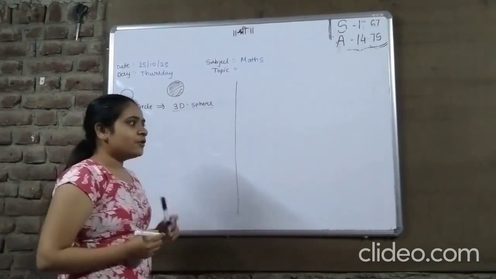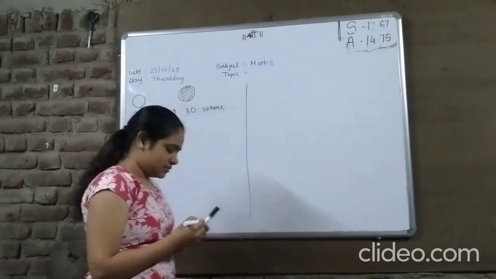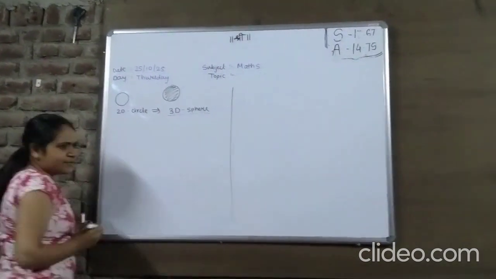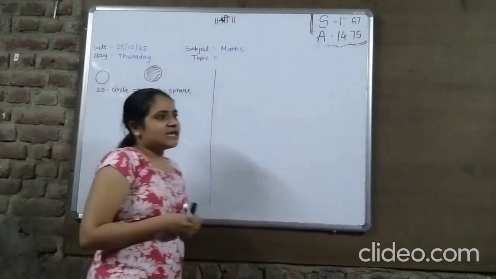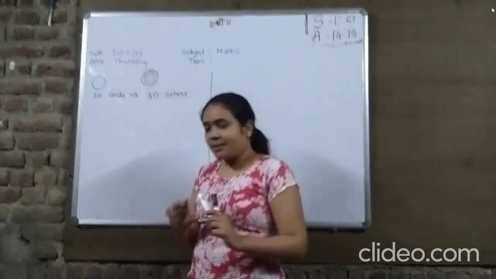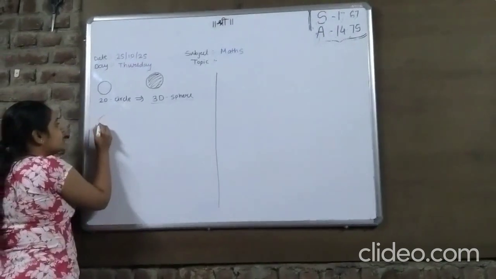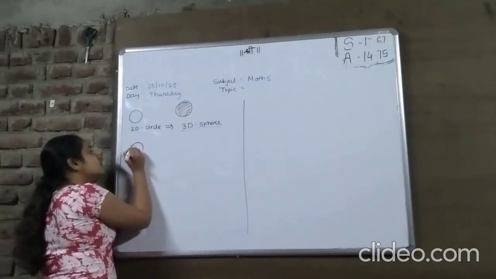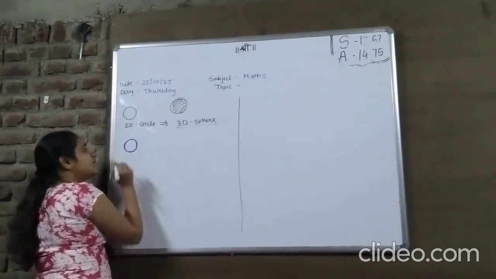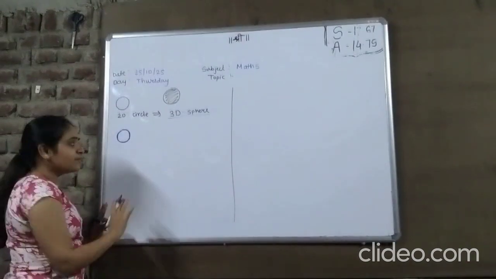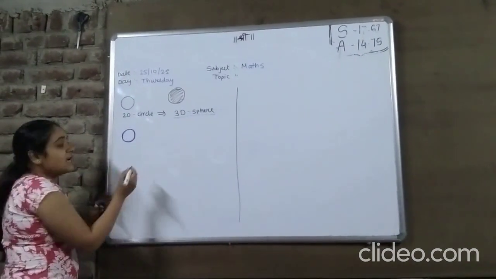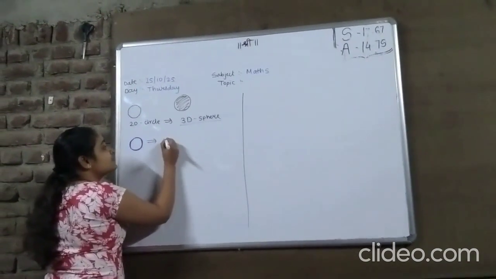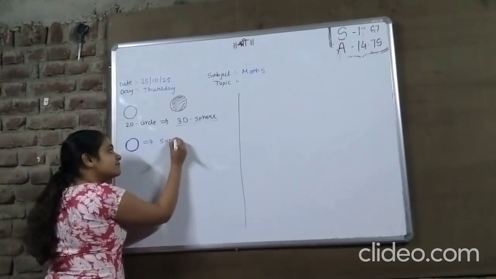This sphere has surface area. Surface area means, if I want to make a ball but I want only the outer part of the ball to be filled, not the inside, then I need to measure its surface area.